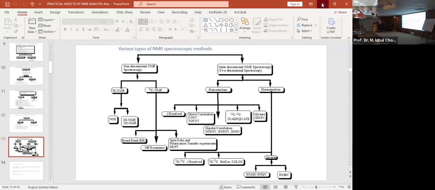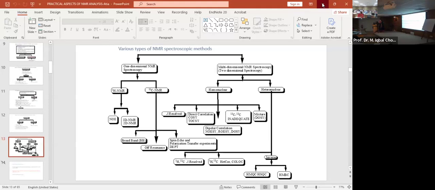Question about the probe. Before the cryoprobe, which is the most advanced, we have room temperature probes as well. We have 13 NMR spectrometers and only 4 cryoprobes.